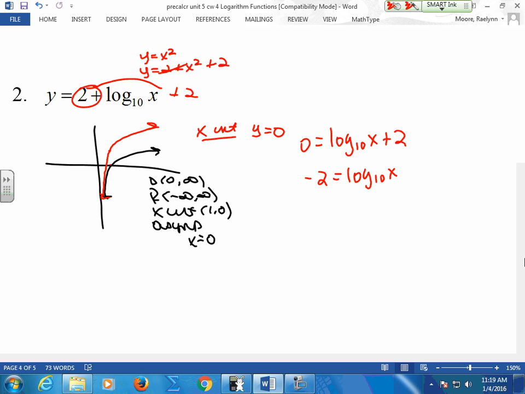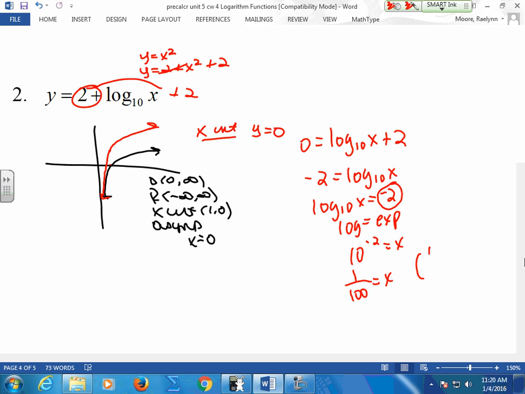I find it easier to put this on this side, so log equals exponent: base 10 to what power equals x. So this just takes its reciprocal.